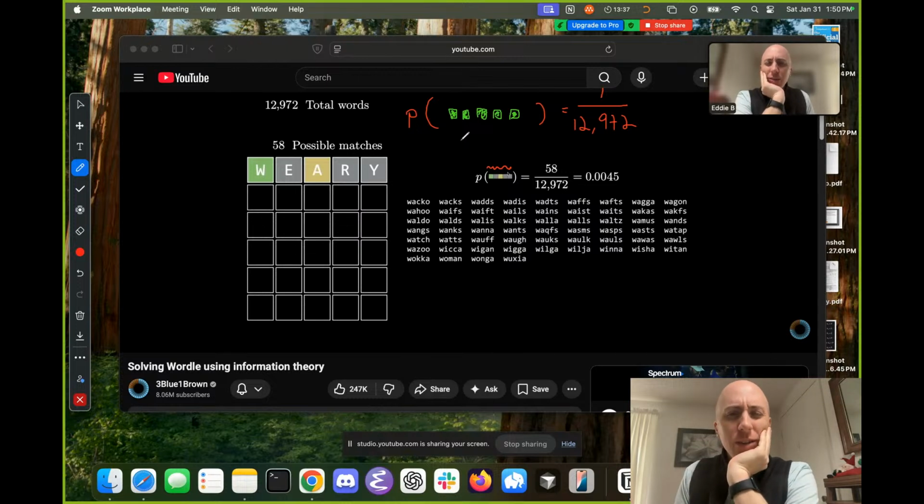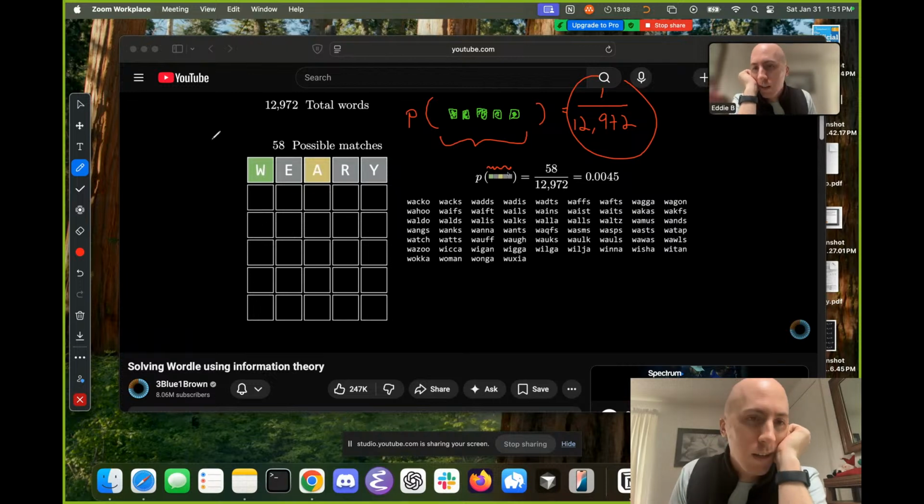I think the issue that I'm having is mapping from this guess space, this tile space, green, yellow, gray space, to the space of words. If we think about the total number of possibilities here, in each square it could be green or yellow or gray.